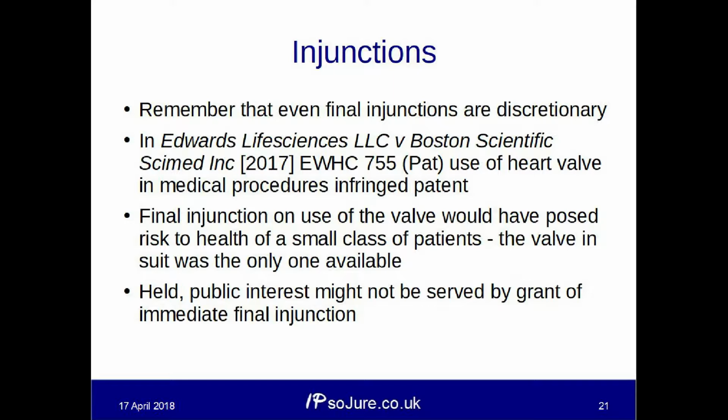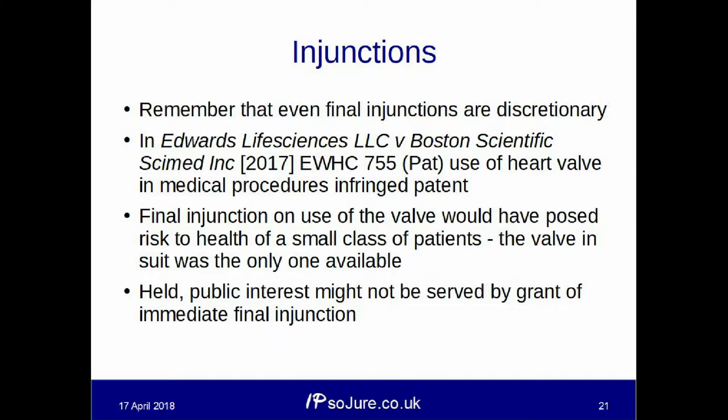The complicating factor is that you've got a number of patients, a small number of patients, but still some, who need an operation to fit them with the valve in suit, the valve that's being sued over. It's the only one available to them, and if the injunction is granted, that's going to put their health at risk. The injunction's a discretionary remedy, and the judge says that public interest might not be served by granting an immediate final injunction.